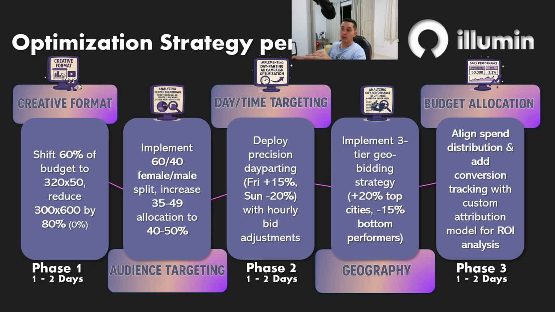So on phase 1, we want to focus on creative format and gender targeting, shifting 60% of the budget to the mobile banner high performing creative format and implementing a 60 to 40 female male split test.